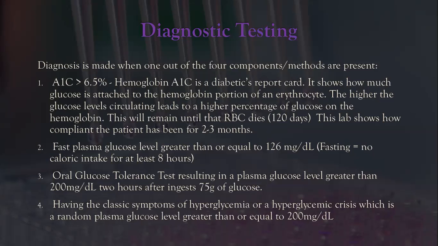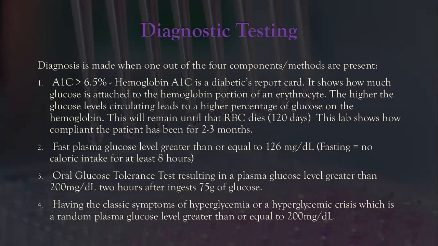So again, it's a report card because that measures about 120 days. That tells you how good they were for about 3 months with their diet or the plan of care that you were doing for them. I've had patients with hemoglobins of like 11, 12, so you can only imagine how much sugar was being forced onto that red blood cell.